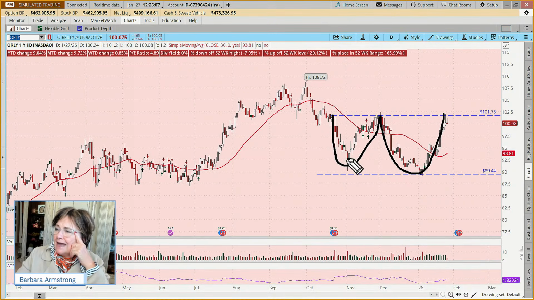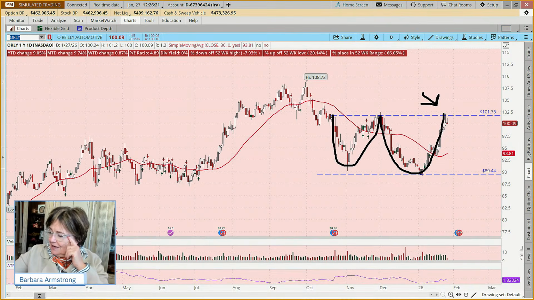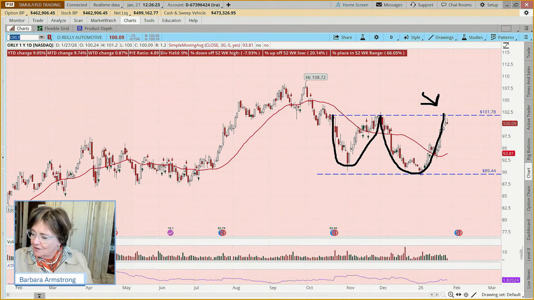But what do we look at with a double bottom pattern? What we're looking for is a breakout above this ceiling or resistance level. And do we have it? No, we do not. Okay, let me just write a few of these down. Microsoft.